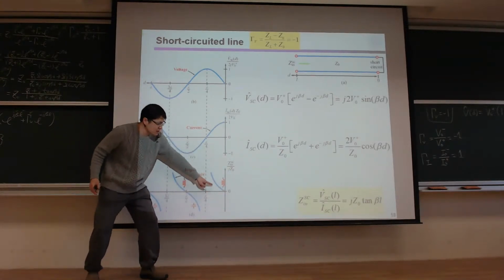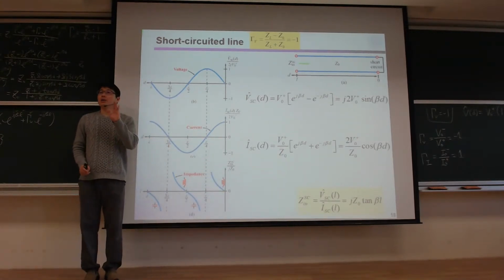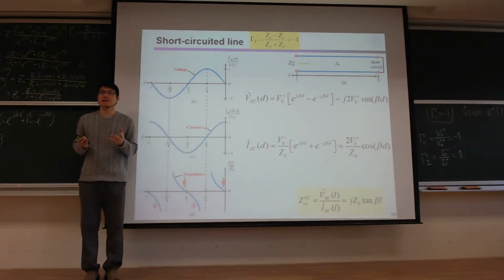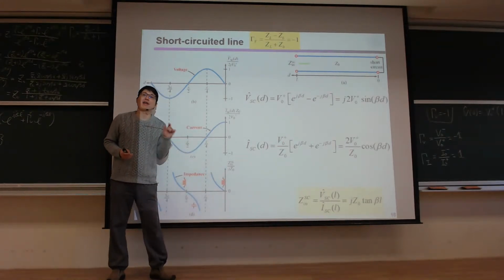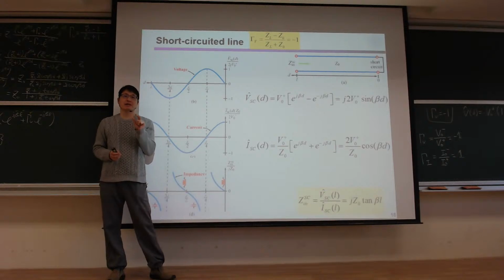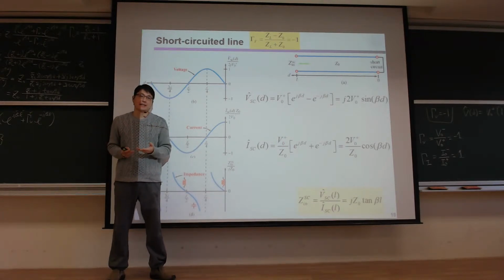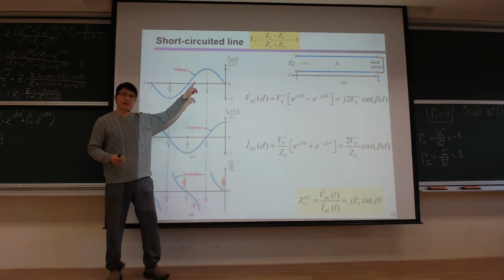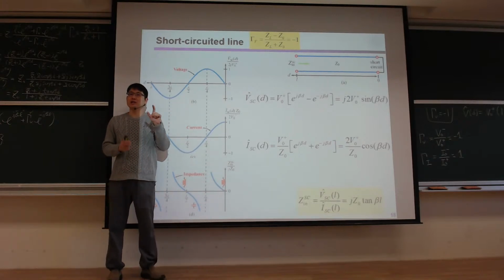Within that distance, it will always be positive. And a positive imaginary number as an impedance means within this distance, that short-circuited transmission line is inductive. So you can fabricate an inductor of any value, 0 to infinity, just by using a segment of shorted transmission line.